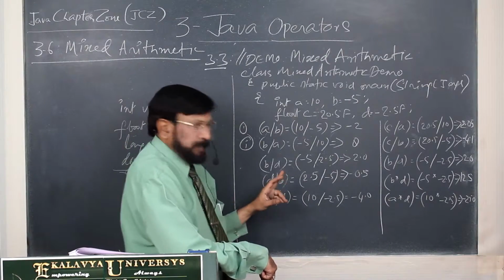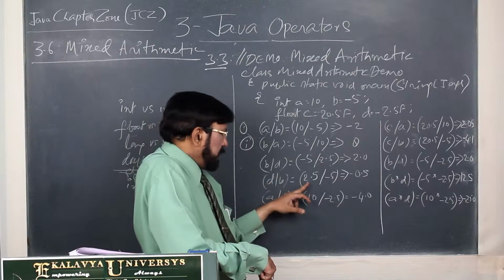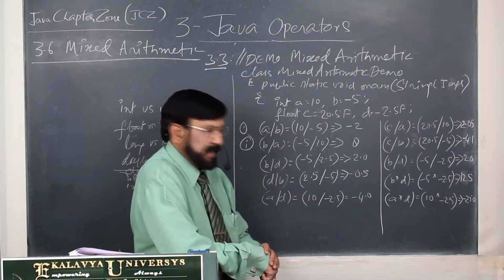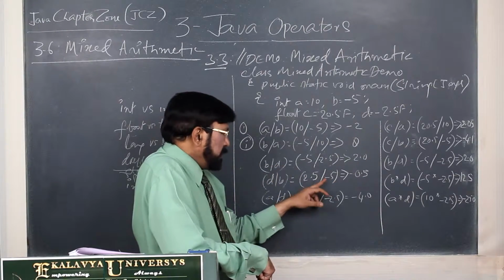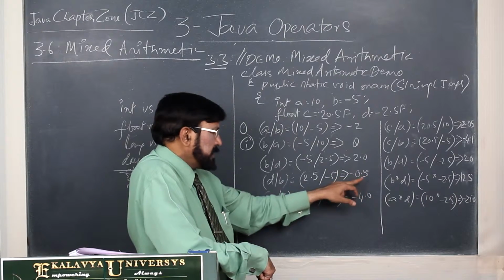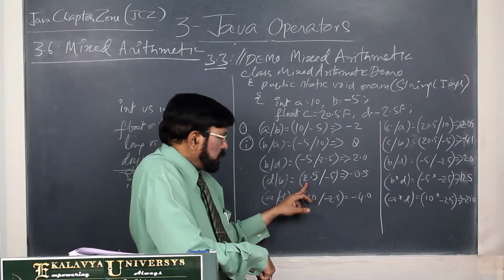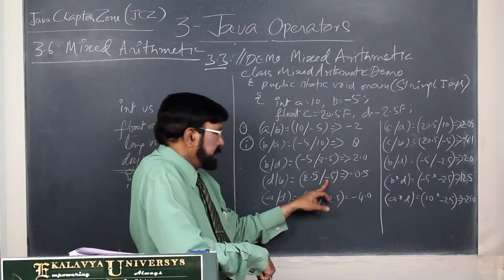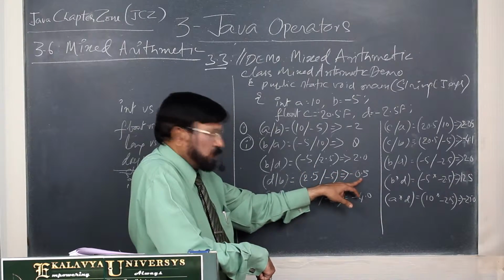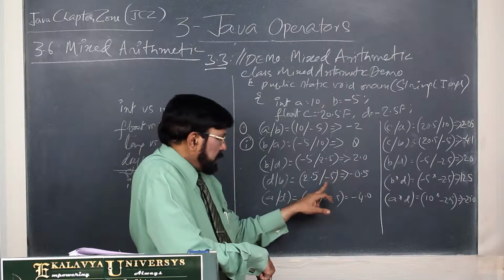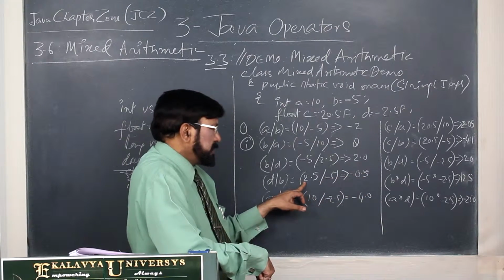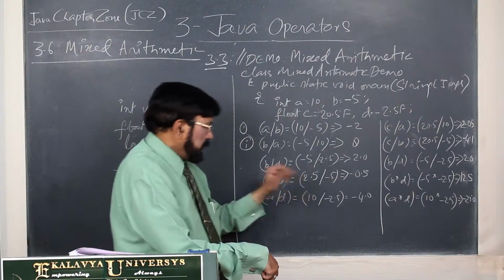D by B is mixed arithmetic. Now 0.25 by minus 5. Now see the result is minus 0.5, because this is float, this is int, float versus int, then float. So cross checking, minus 5 into minus 0.5, minus into minus plus, 2.5.